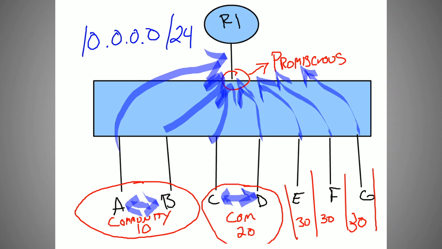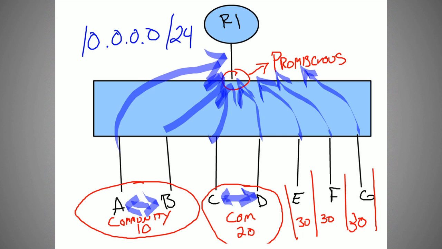Now, in order to do this specifically implementation-wise on the Catalyst switches, it requires that the switch be in VTP transparent mode and that you use extended VLAN numbers. So we have to be in VTP transparent mode in order to allow the private VLANs.